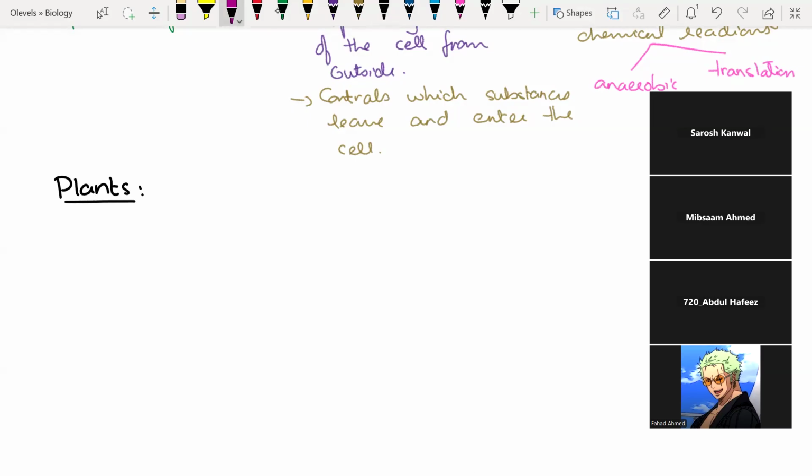First, we know the plants, they are also multicellular, right? They also have a nucleus as well.